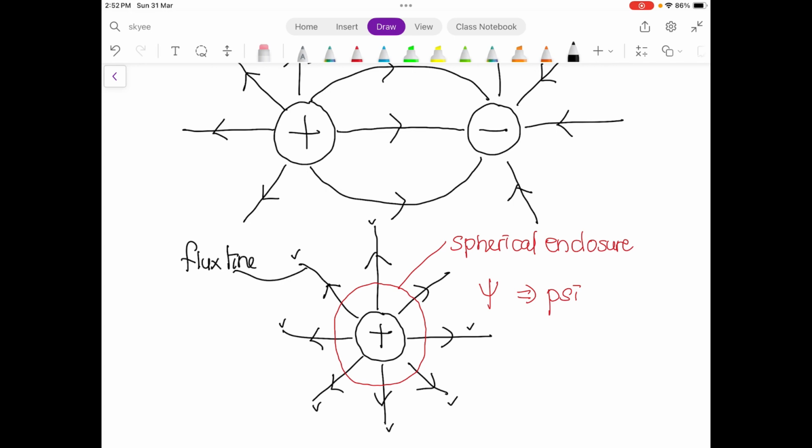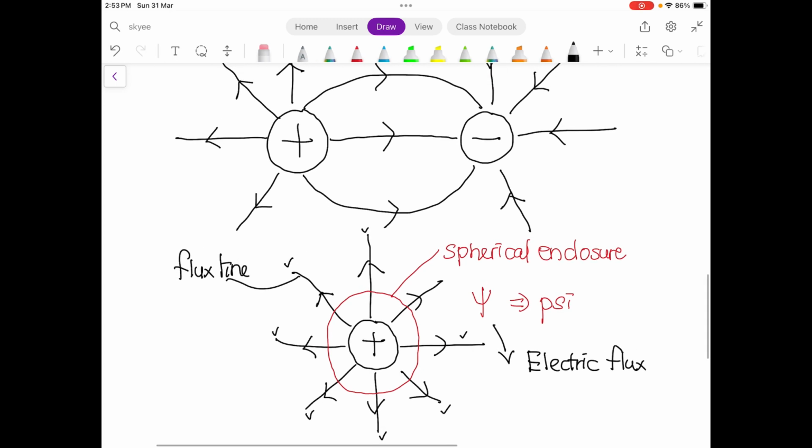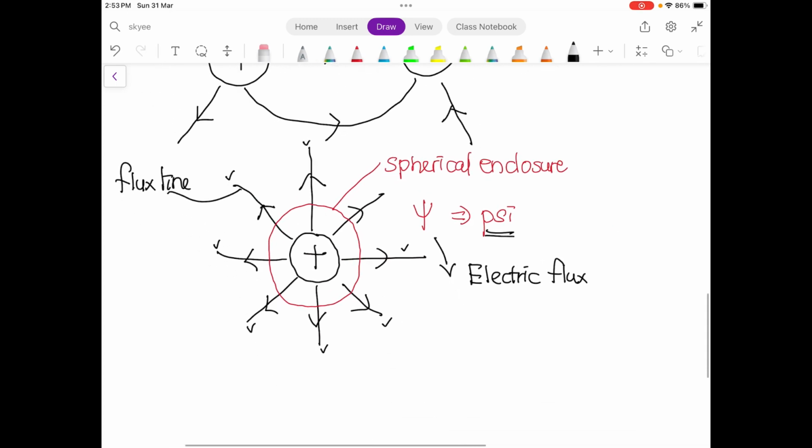When I put this charge inside a spherical enclosure, the flux coming out from, or passing through, the enclosure we call the electric flux.